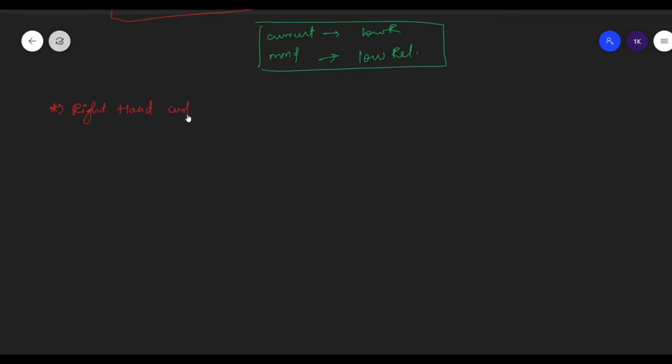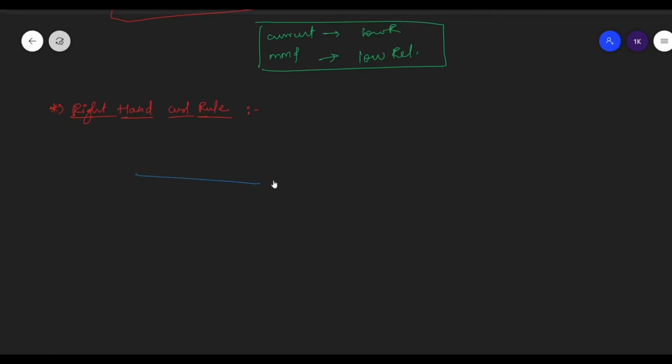In some books you can see the same rule with different names like thumb rule, screw rule, etc. So I'll call it the right hand curl rule. If you understand this right hand curl rule, you can easily understand how a transformer works and how an EMF will be induced in the windings.